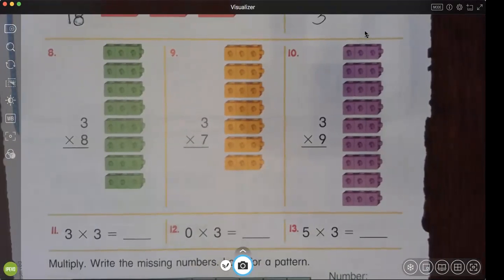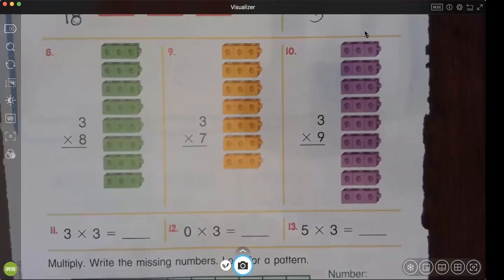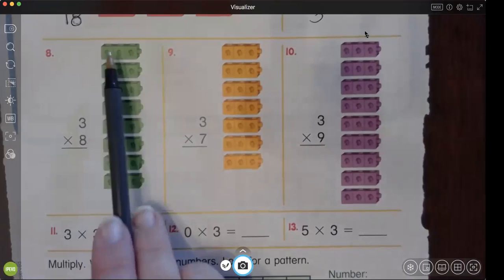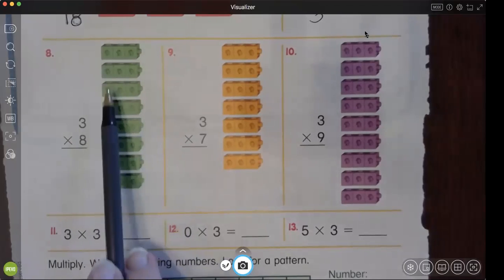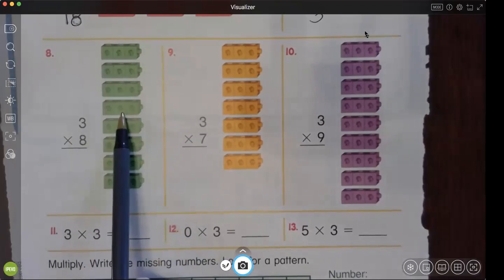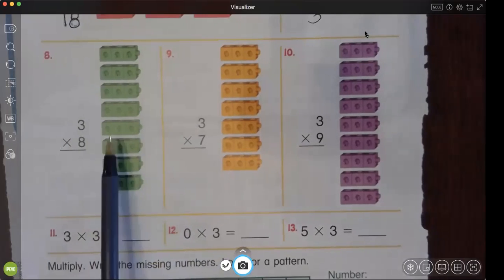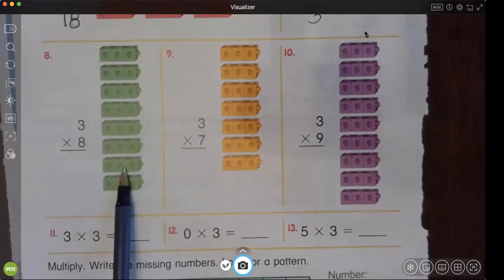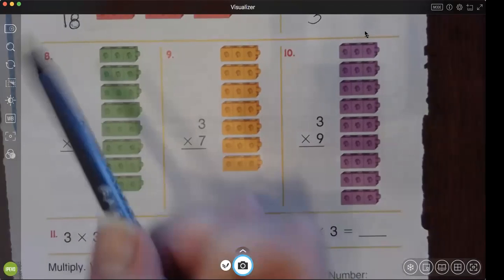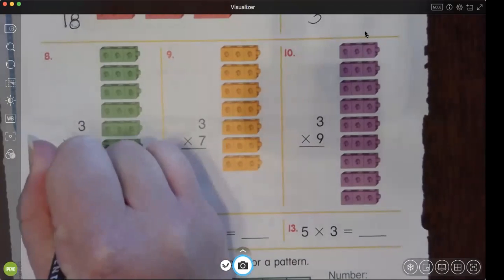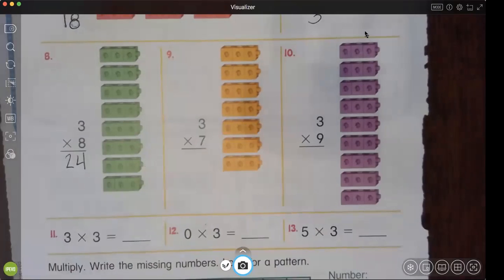And see how you do. All right? See if you can get these right on your own. But for now, let's keep going. 3 times 8. So we have 3, 6, 9, 12, 15, 18, 21, 24. So 3 times 8 is 24.